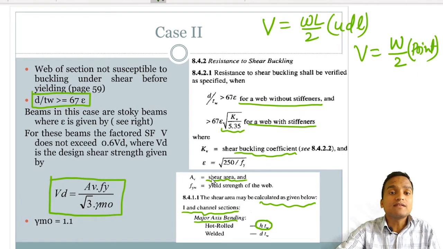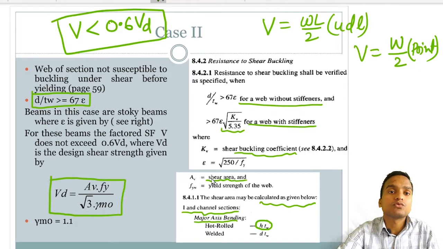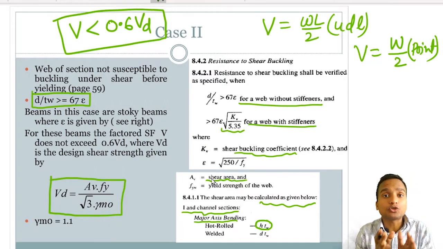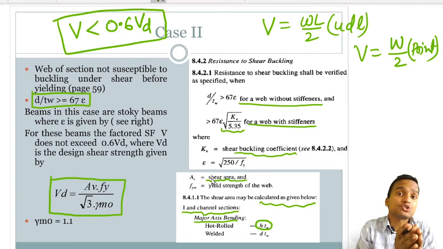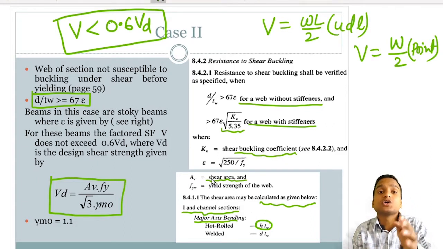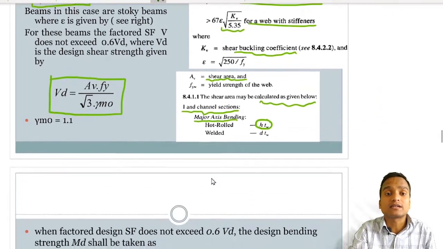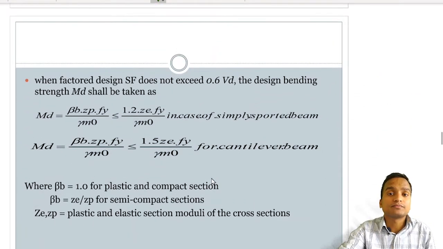So when the V value is less than 0.6 times VD, this is a case of low shear. In laterally supported beams, there can be a chance of low shear and there can be a chance of high shear. So when V is less than 0.6 times VD, it's a case of low shear.